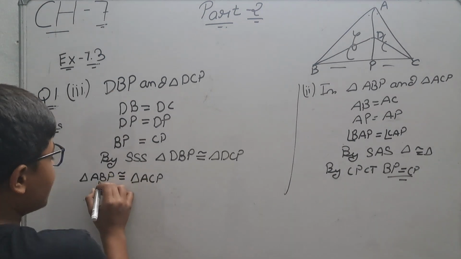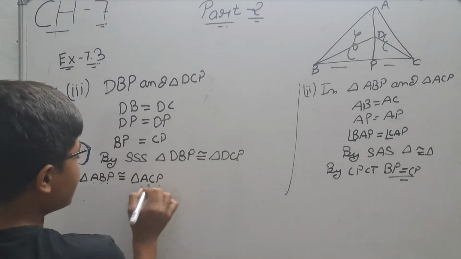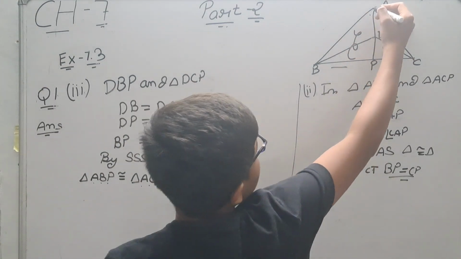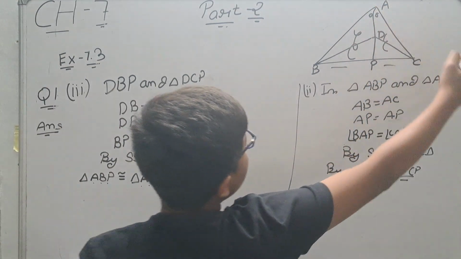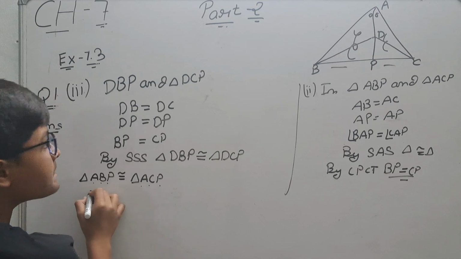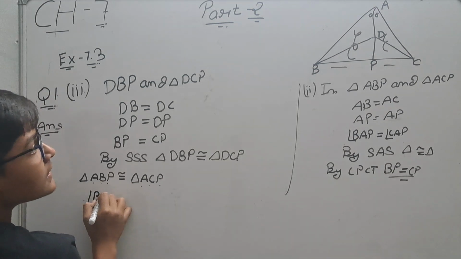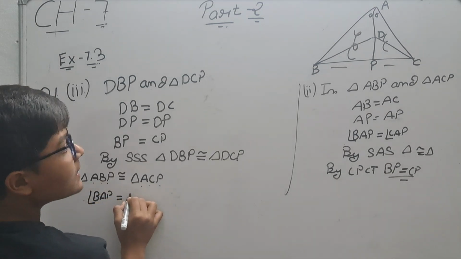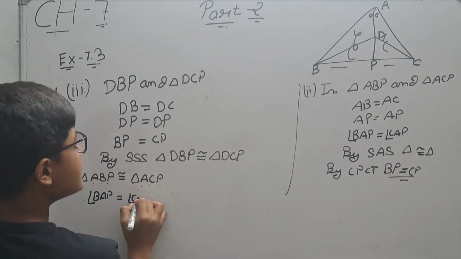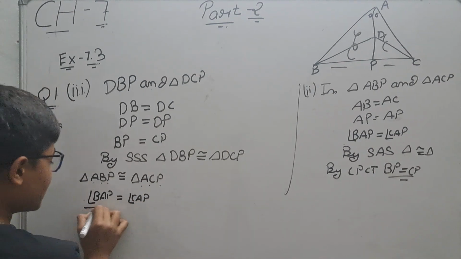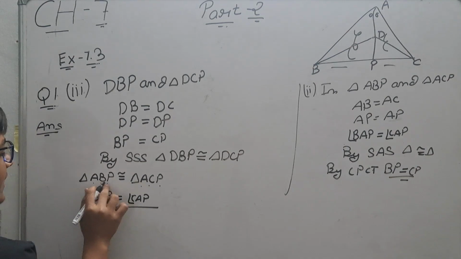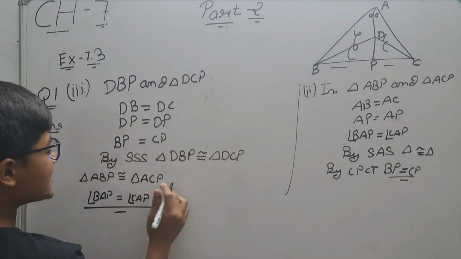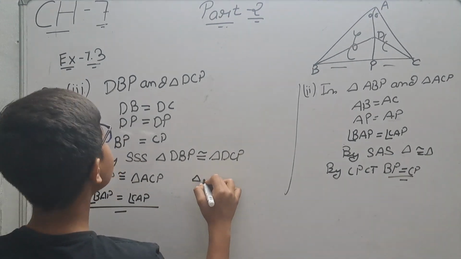So from ABP and ACP, we can say that this angle and this angle are equal. So angle BAP is equal to angle CAP. We got this from ABP congruent to ACP.